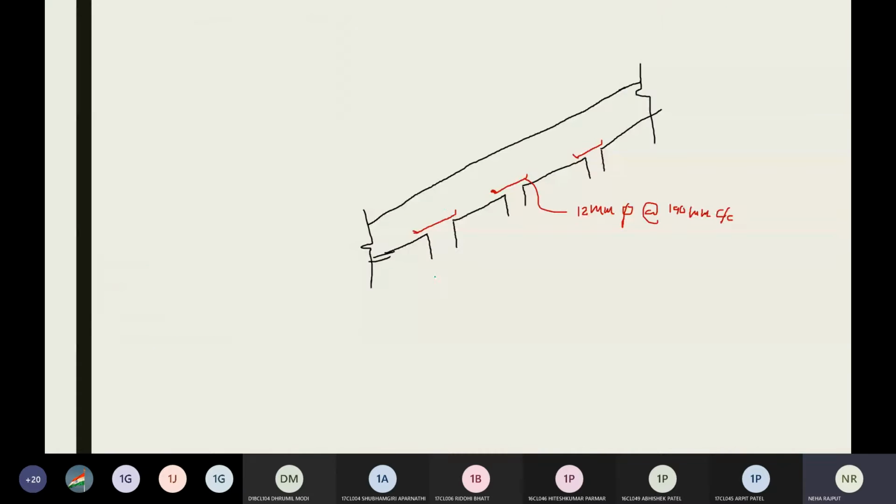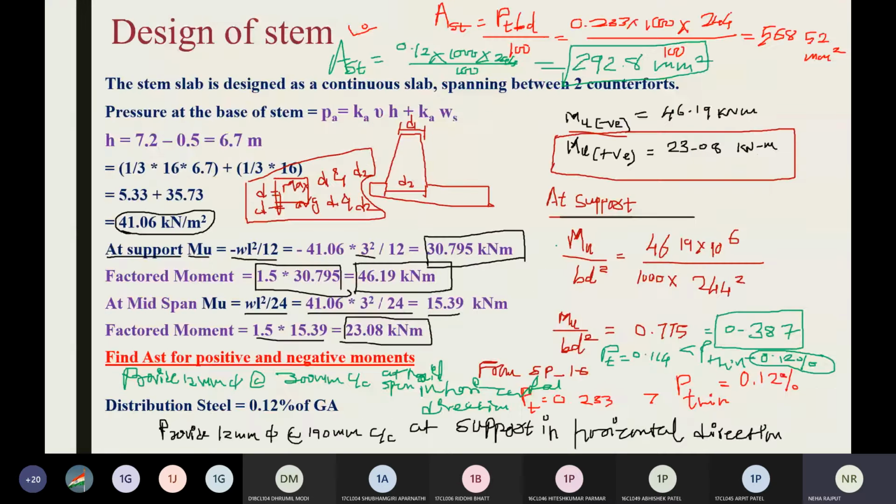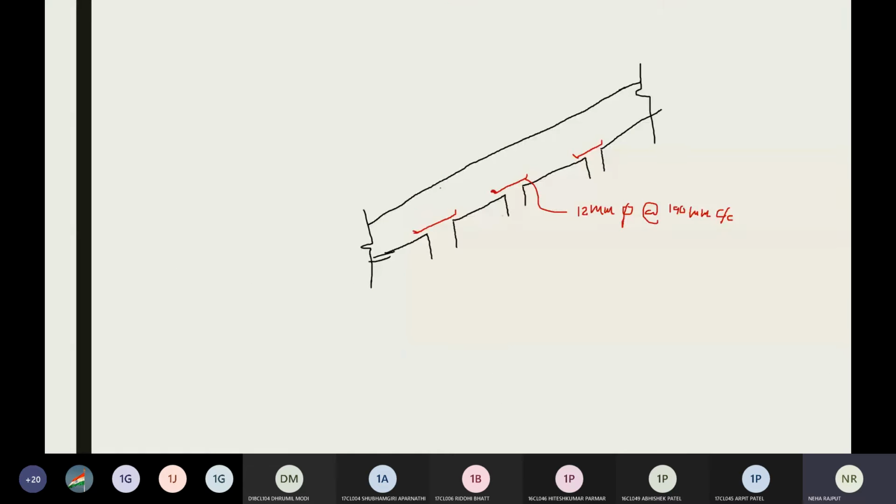Right, so I am drawing that over here. So these are the horizontal reinforcement. Now you can see over here, tension is at this side, right? So I am considering that tension reinforcement over here.